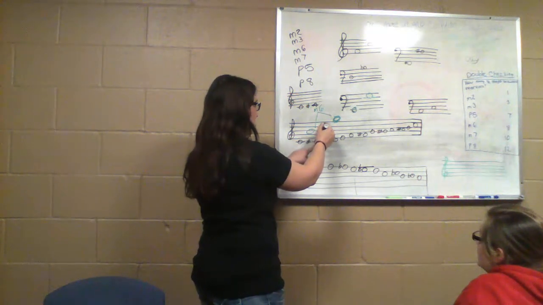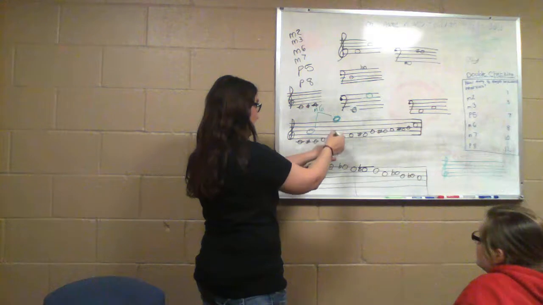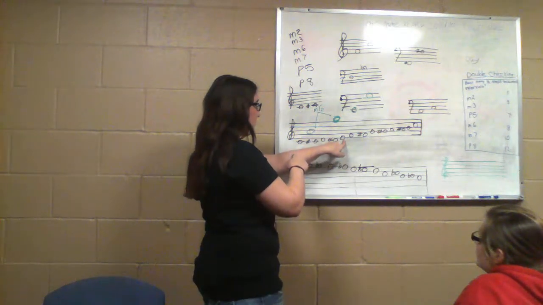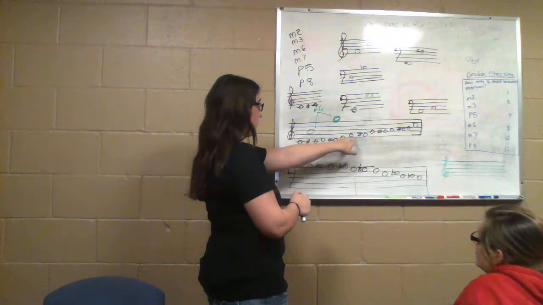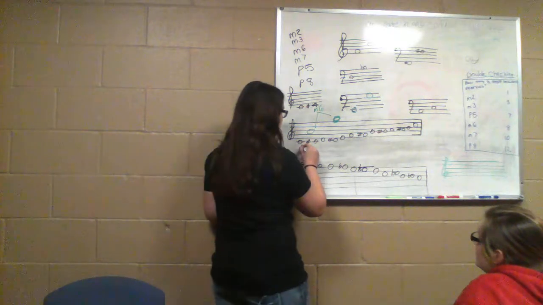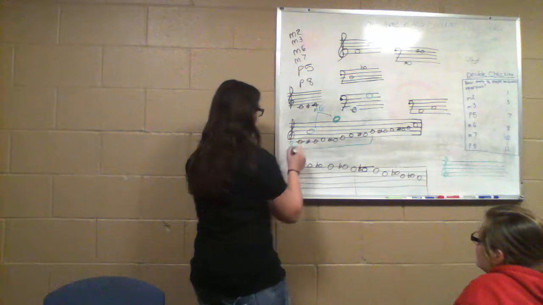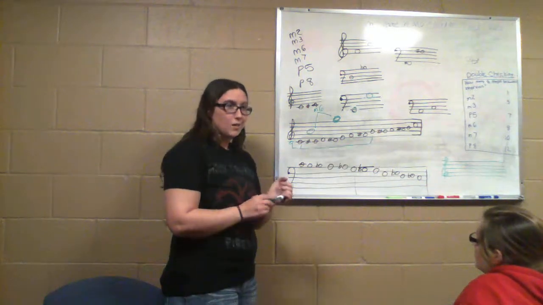Then from C to C sharp is 2. C sharp to D is 3. D to D sharp is 4. D sharp to E is 5, 6, 7, and 8. So you have 8 half steps between a B natural and a G. And that means it's a minor 6th.